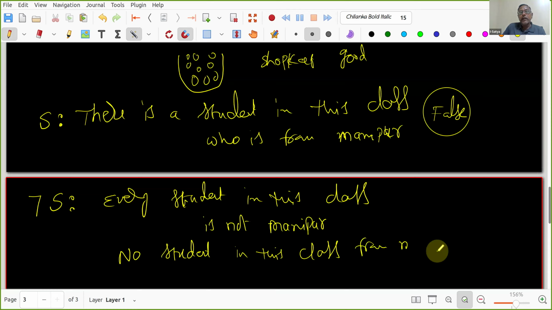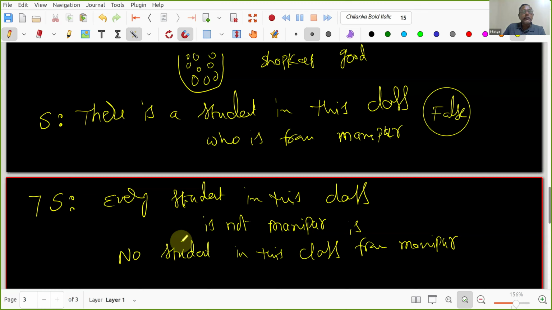I hope you understand why I am giving this example. You can say this, right? Here, no student, you keep the property as it is.